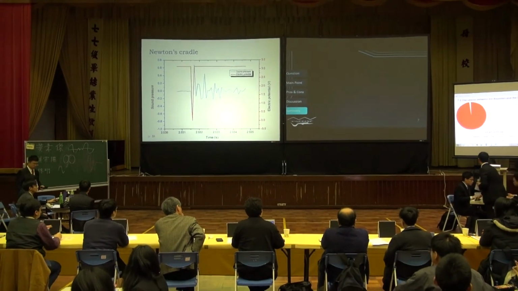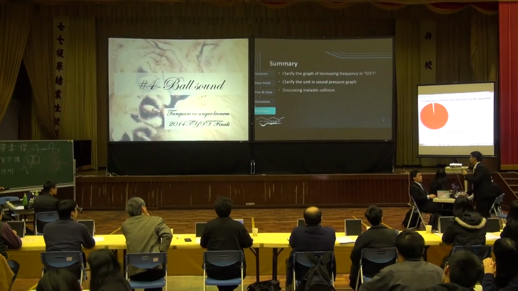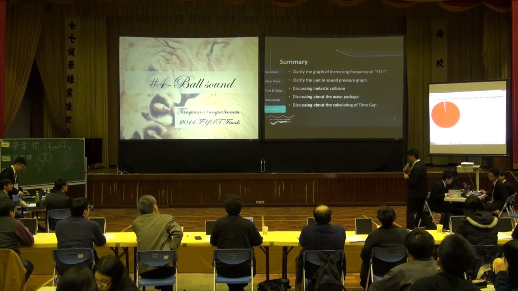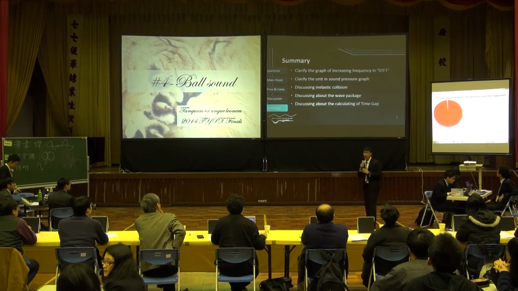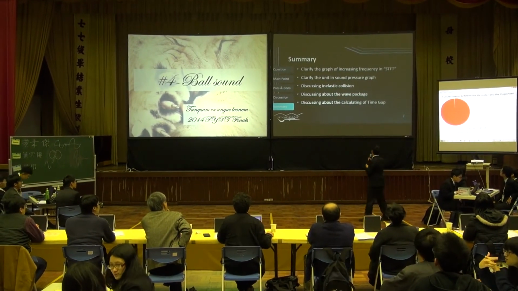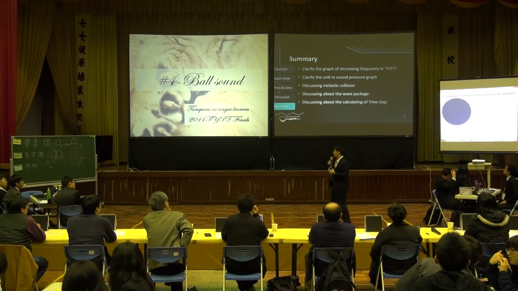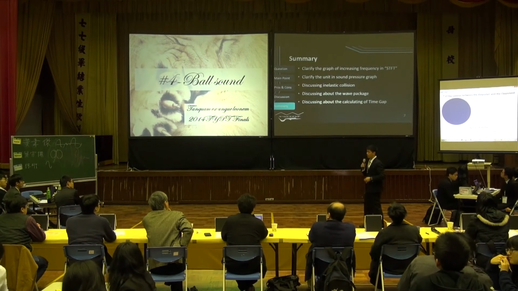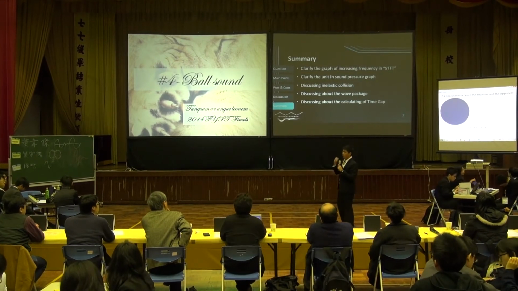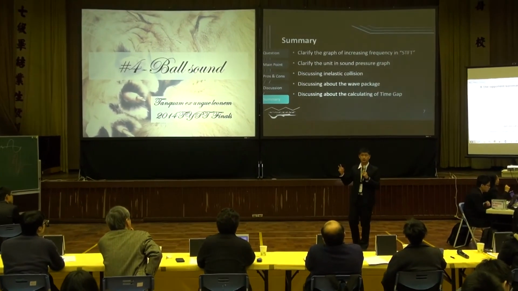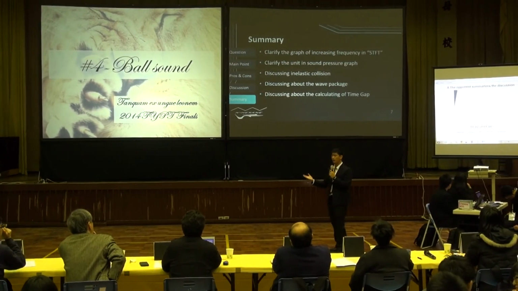So the opponent summarized the question. Thanks to the reporter for giving us such a great presentation. We have clarified the chirping sound is the increased frequency, and it is shown in this short-time Fourier transform graph. And we have clarified why there are two increasing frequencies in the experiment in this graph.